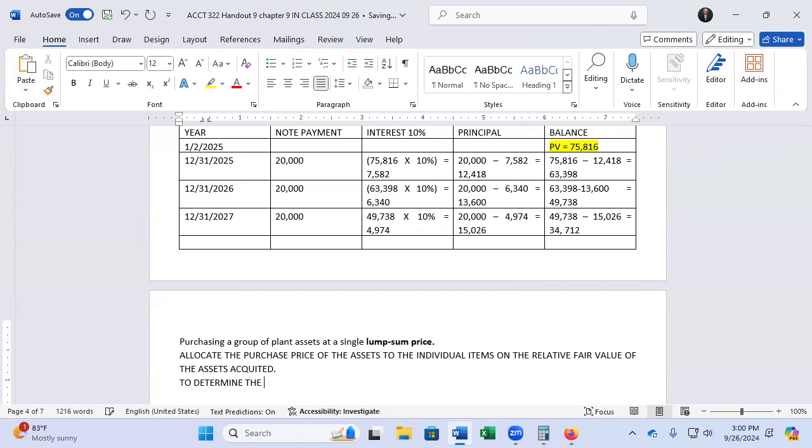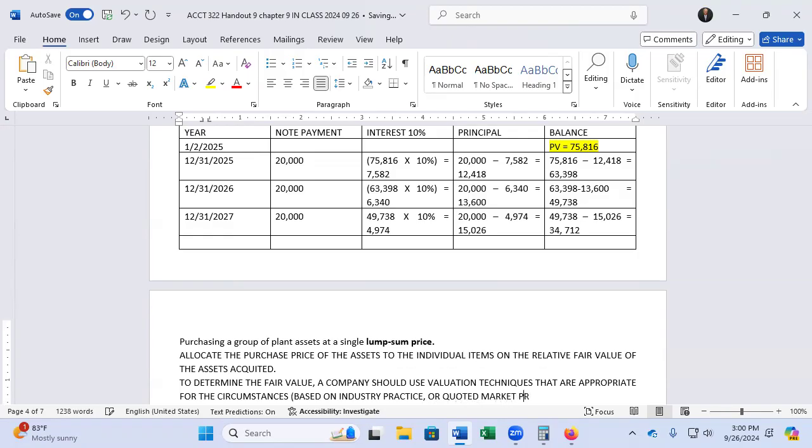To determine the fair value, a company should use valuation techniques that are appropriate for the circumstances, based on industry practice or quoted market prices.